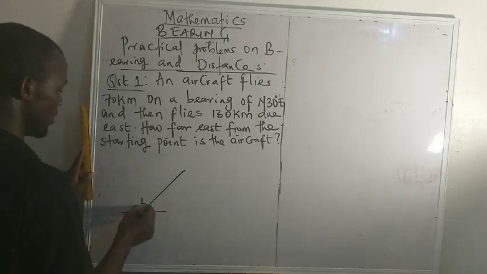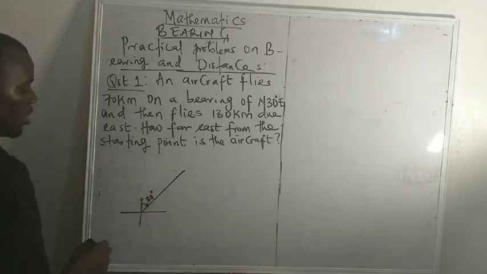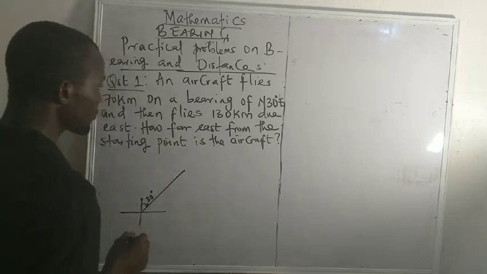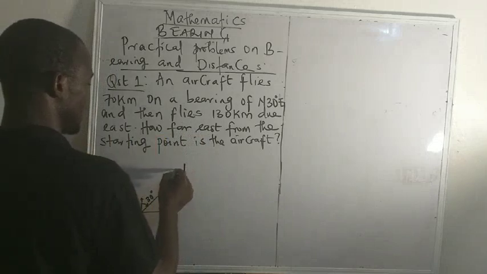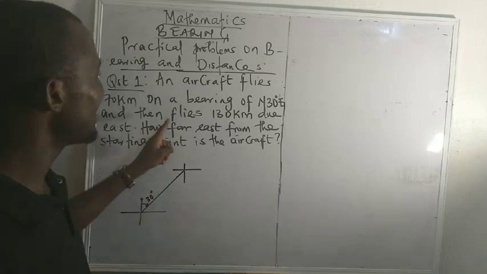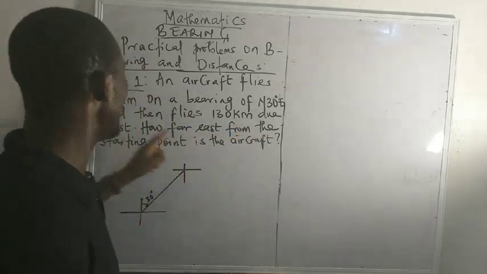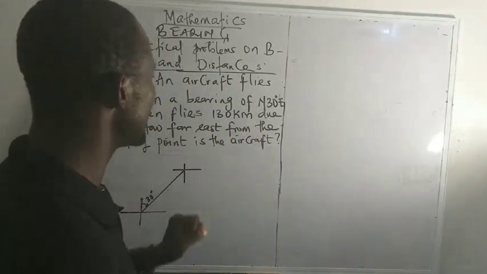So this is what I have. This is my 30-degree. All right, and then it got to this particular place, right? It goes to this particular place and then flies 130 kilometer due east.